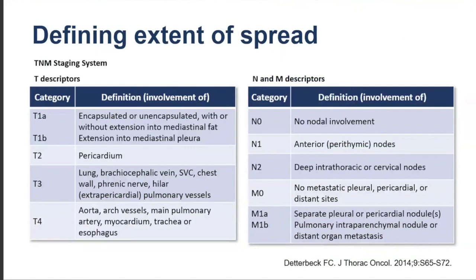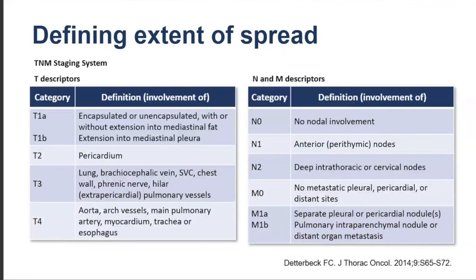I'm sorry, that's fine. So staging essentially involves the extent of spread of disease, and we have various systems to define it. What we typically use nowadays, or what is recommended, is what's known as the TNM classification. Without going into details, it's really the extent of spread of disease, and that has a bearing on management.